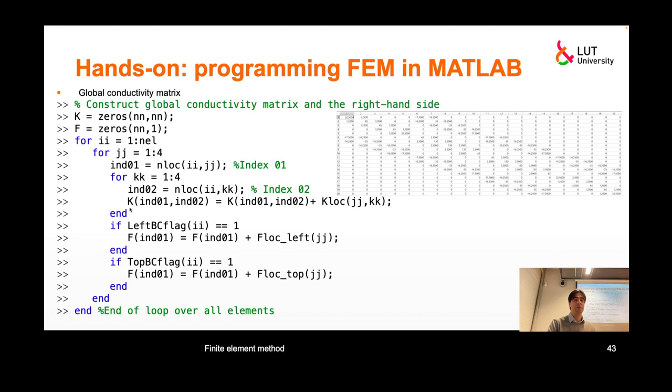This is what we do in this line. We add a contribution to the previous value, a contribution from the particular component of the local matrix associated with this particular element. This association is about how we position this, because it's here and here.